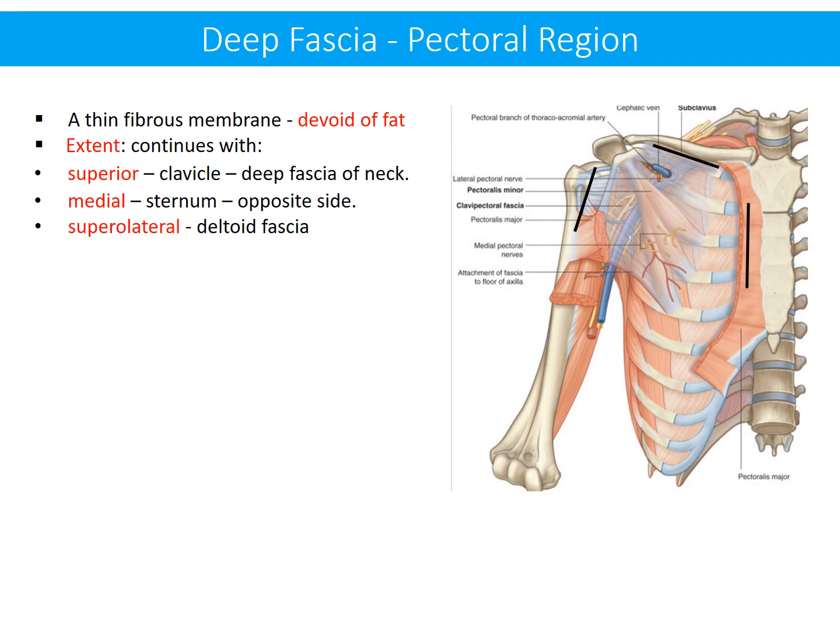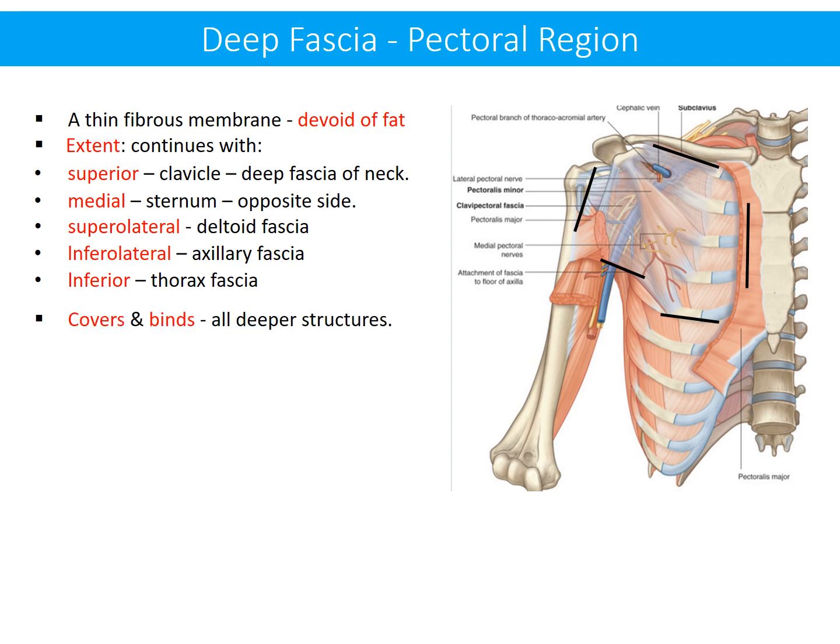Supralaterally, it is continuous with the deltoid fascia. Infralaterally, it continues with the axillary fascia, and inferiorly, it continues with the thoracic fascia. It covers and binds all deeper structures in the pectoral region.